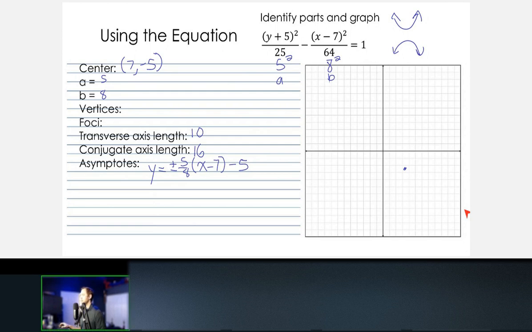So hopefully you have notes. The distance from the center to a vertex is a distance of A. So I am traveling up and down how many units? 5. Yep, 5 up and 5 down.